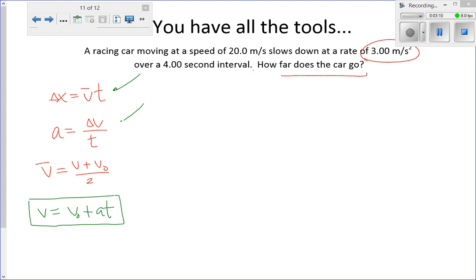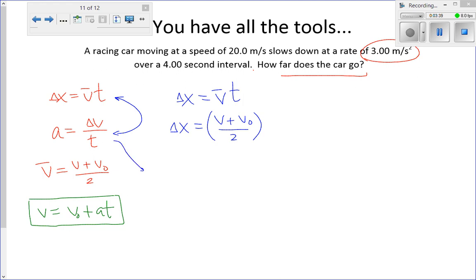Now our next one, I'm going to use this and this. Delta x is v average times t, which means delta x is v average, v plus v naught over 2, times t. For t, I'm going to take the acceleration equation and write an expression for t.